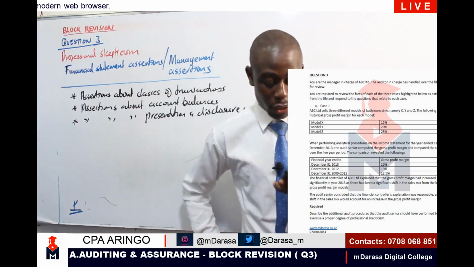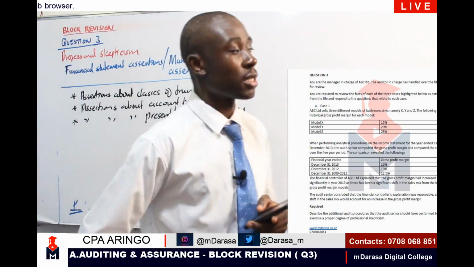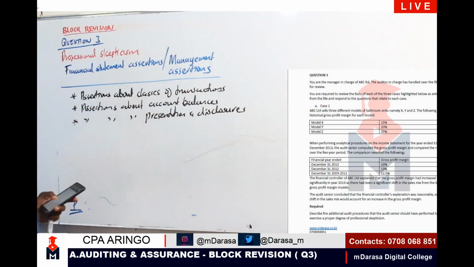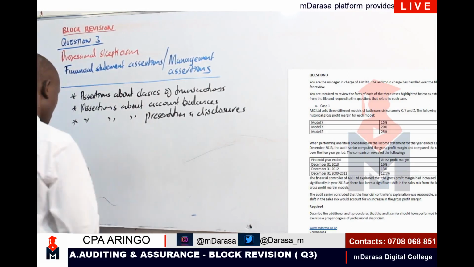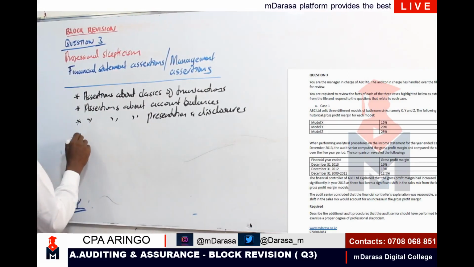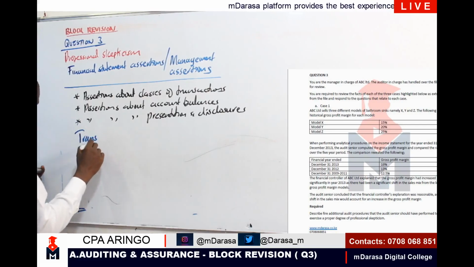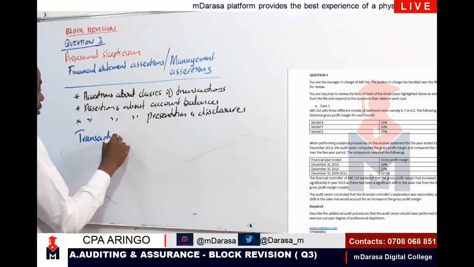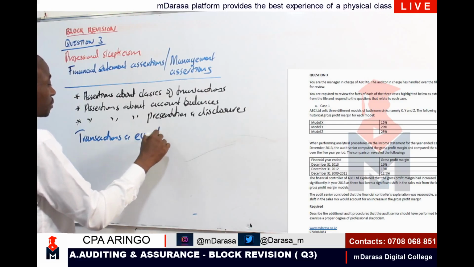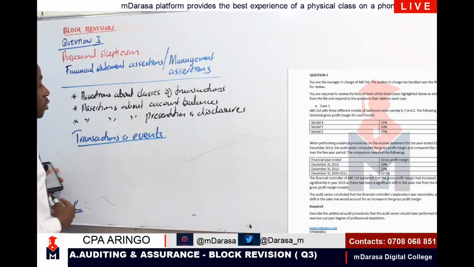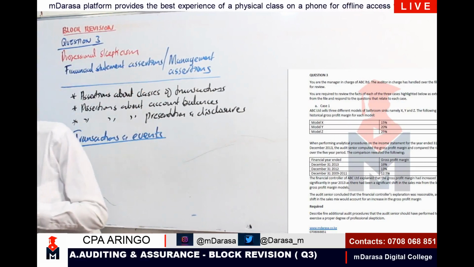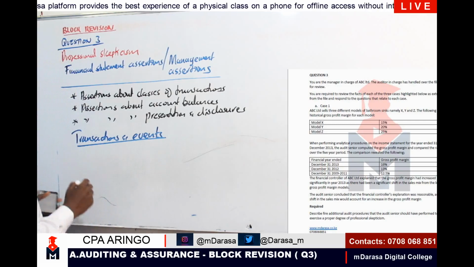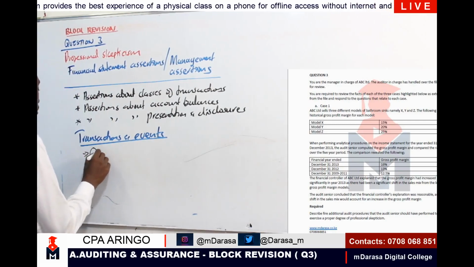So, assertions about transactions and events. We normally talk of the following. Of course, I need to make sure that these transactions occurred, so we are talking about occurrence.